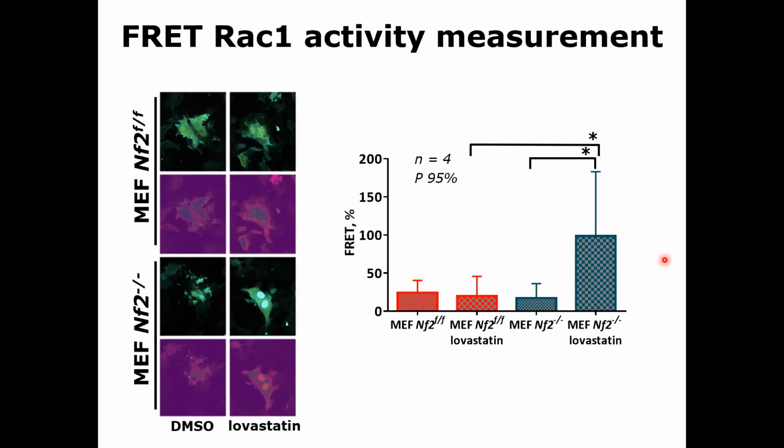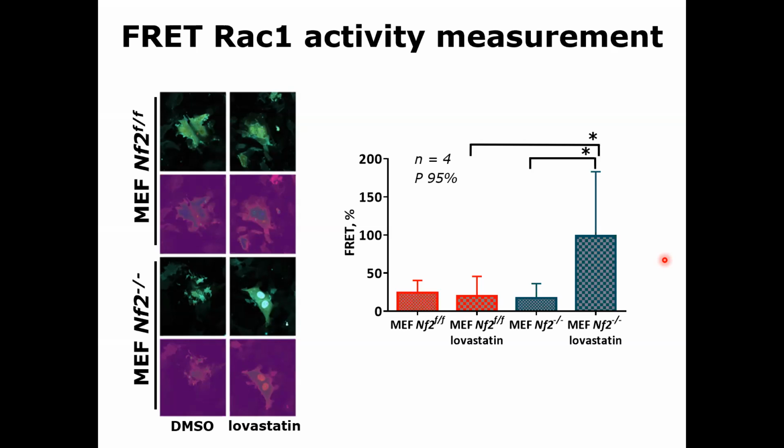So indeed, the selectivity of statins and zoledronic acid against NF2 deficient cells was because of the activity of RAC1 in the NF2 deficient cells, and because these drugs removed RAC1 from the membrane, causing its translocation to the nucleus.